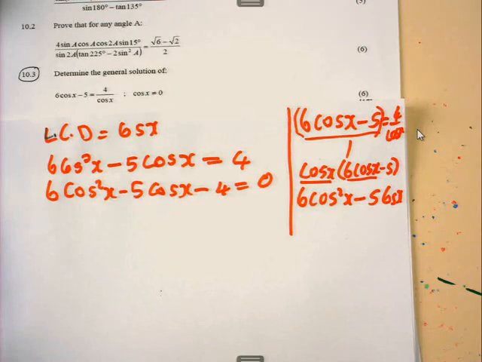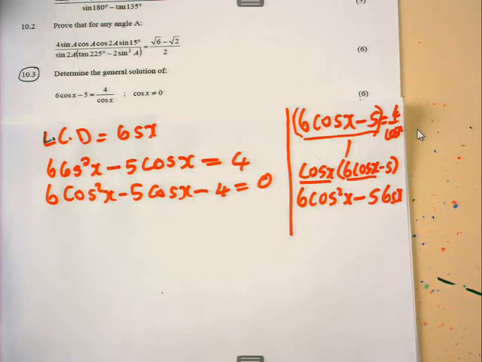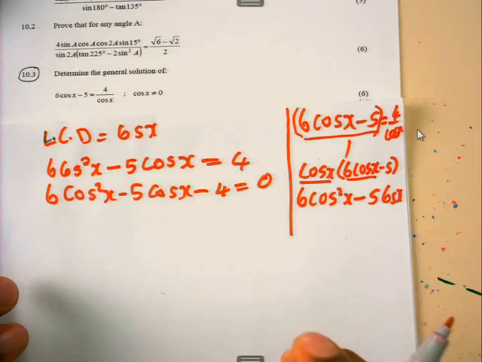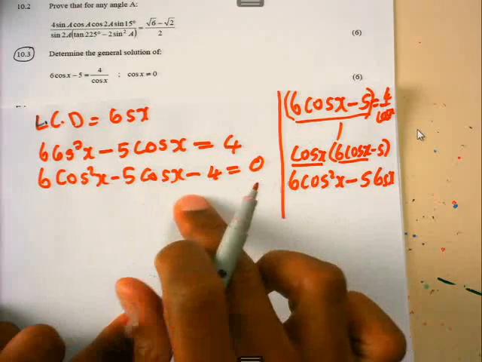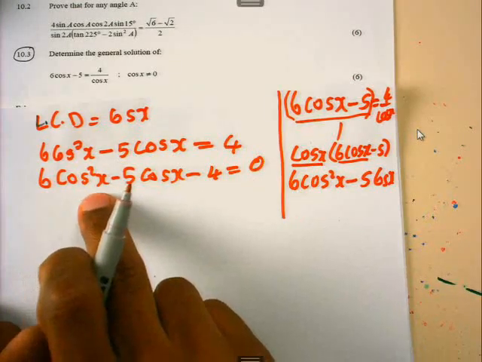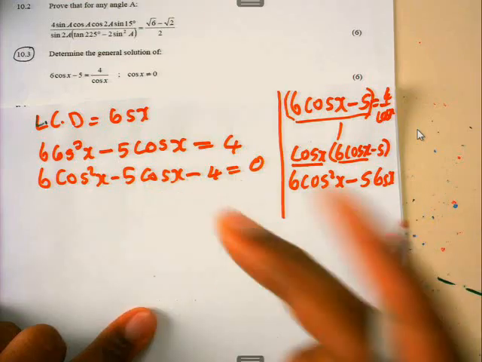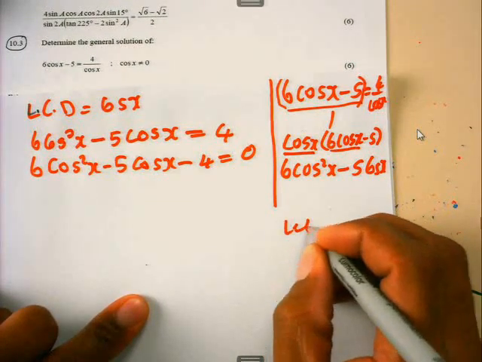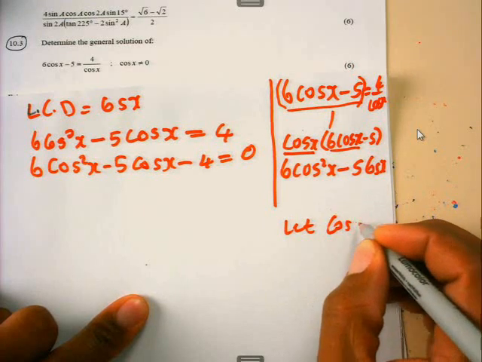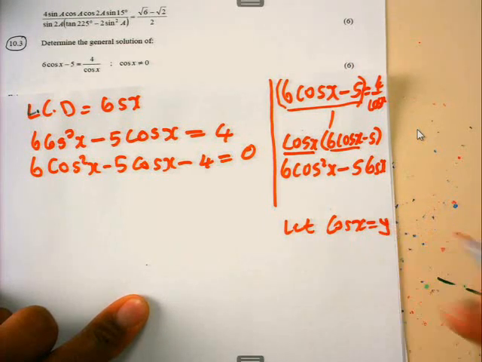Then what is the next move from here? Yes, we need to check if we can factorize this one. It is very, very important. Boys and girls, if you are finding it difficult to see, you can just write with a pencil: let cos x be y, or whatever you want, it can be k, it can be w.